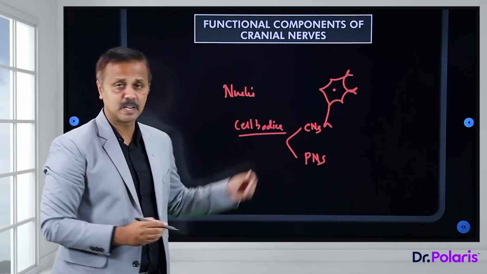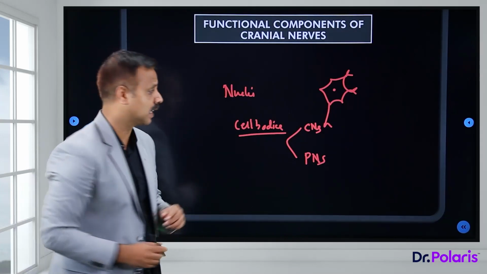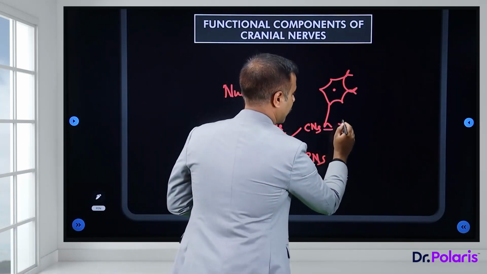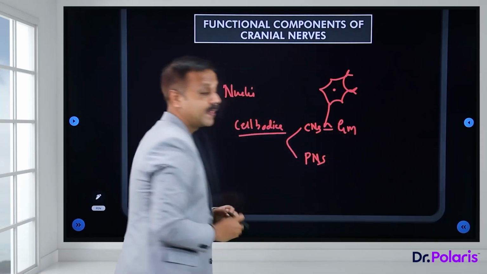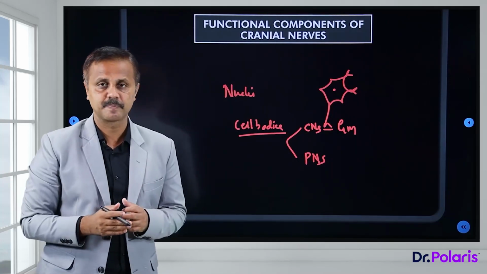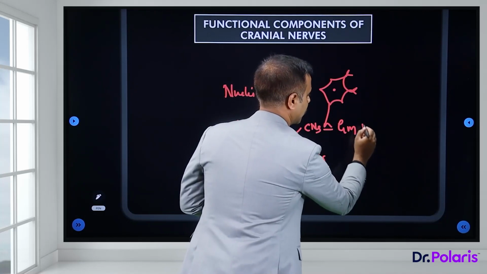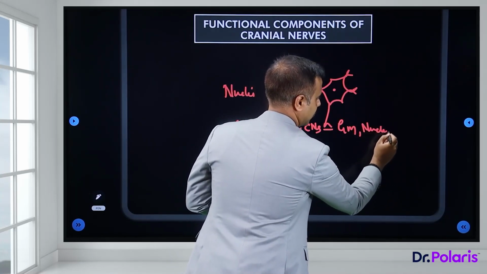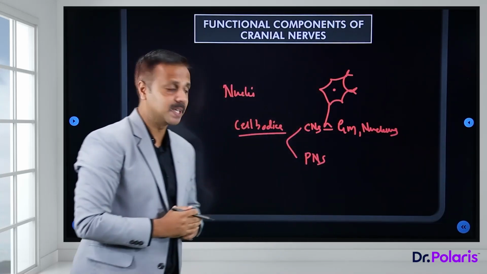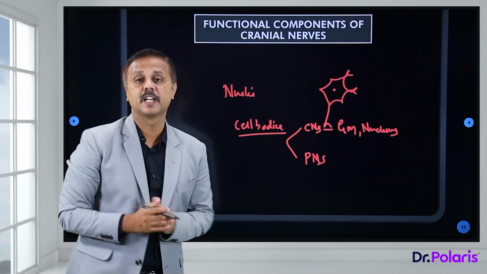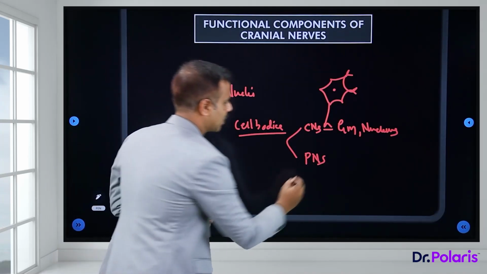Remember, a collection of cell bodies of neurons within the central nervous system can be referred to as gray matter when the collection is diffuse. Right? When the collection is localized, we call it a nucleus. Right? Similarly, when cell bodies collect within the peripheral nervous system, we call it what?